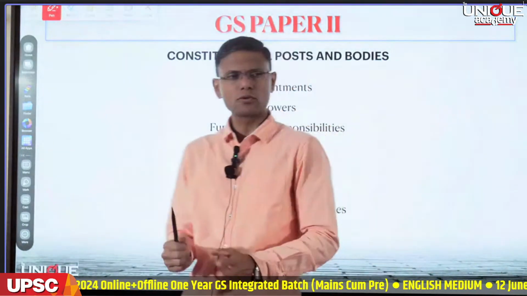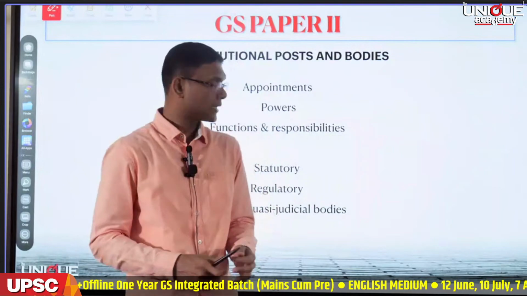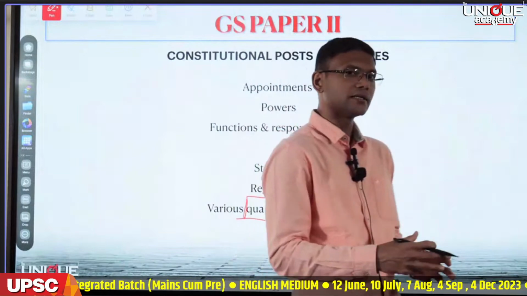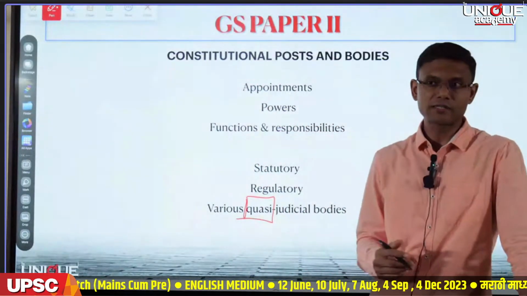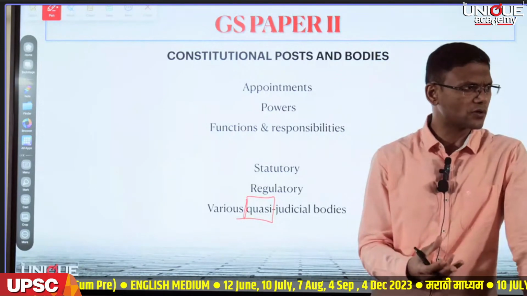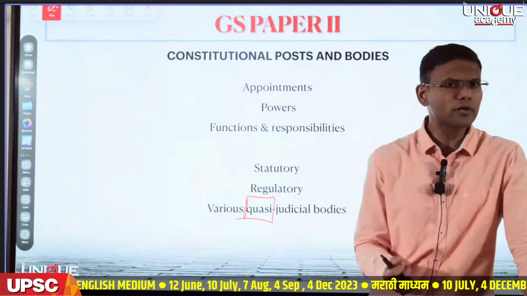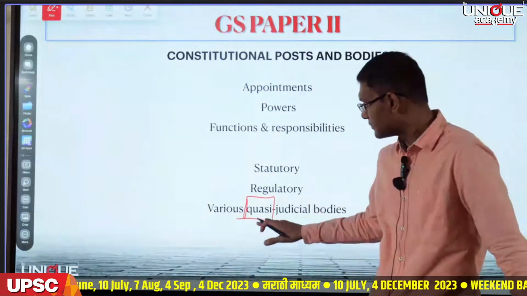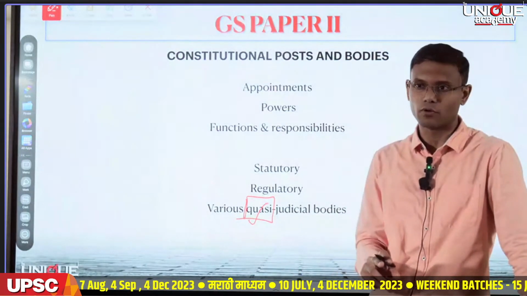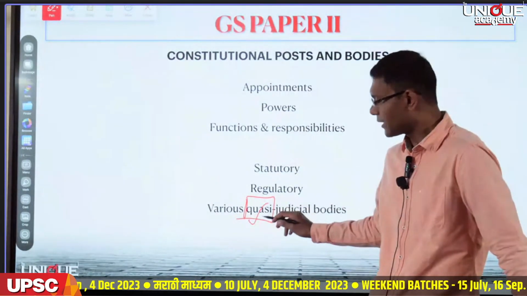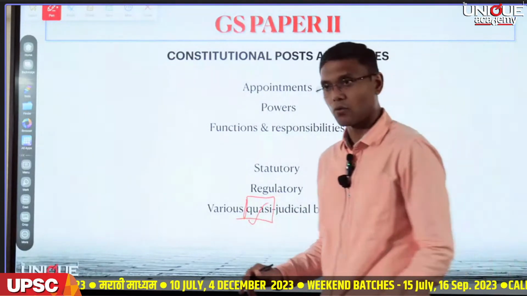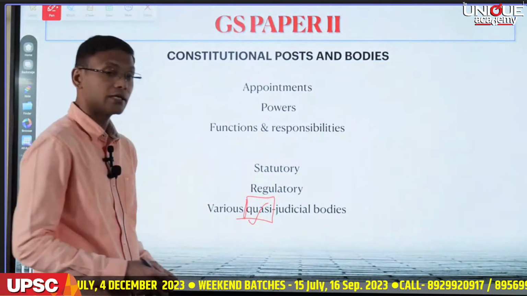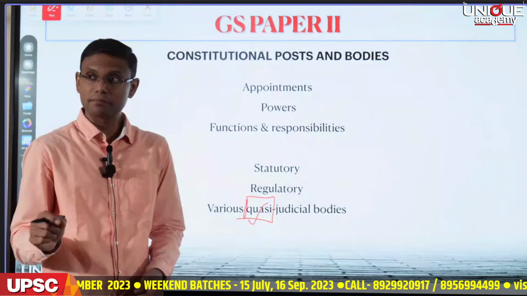Why is that so, I will explain in detail later when we see it in the lecture. But just understand that we created some partially judicial agencies, like the tribunals I mentioned, such as the Green Tribunal. What does the Water Dispute Tribunal do? It resolves disputes between two parties, right? So why do we not call it a court? There are some technical reasons behind why they are called quasi or partially judicial bodies. But we will discuss them and I will let you know how many bodies we need to prepare and how exactly. But please remember that if you come across in the newspaper some tribunal that is in news, don't forget preparing the same.